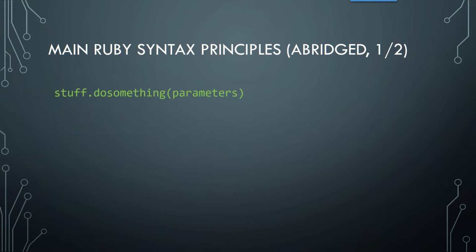But the way that Ruby works is basically it's object oriented. You have something, you want to do something with it, so you add the method with the dot. You put a bunch of parameters in there. What I really like about Ruby is there's usually multiple ways to do things, and it's fairly forgiving actually with a bunch of things.